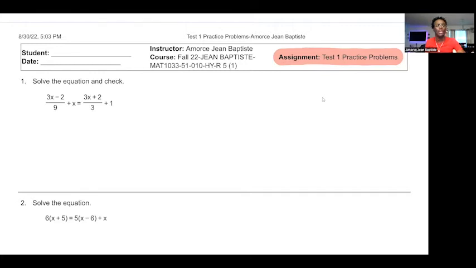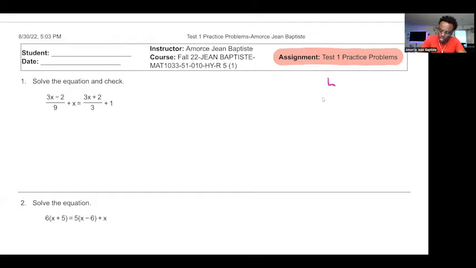Now, solving this equation involves looking for the LCD, and the reason is because you have denominators. The LCD is the least common denominator, which is the least common multiple of all the denominators of this equation.